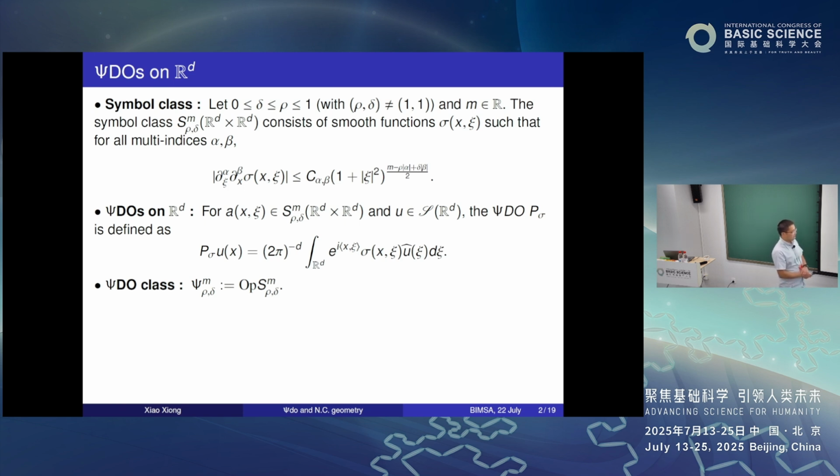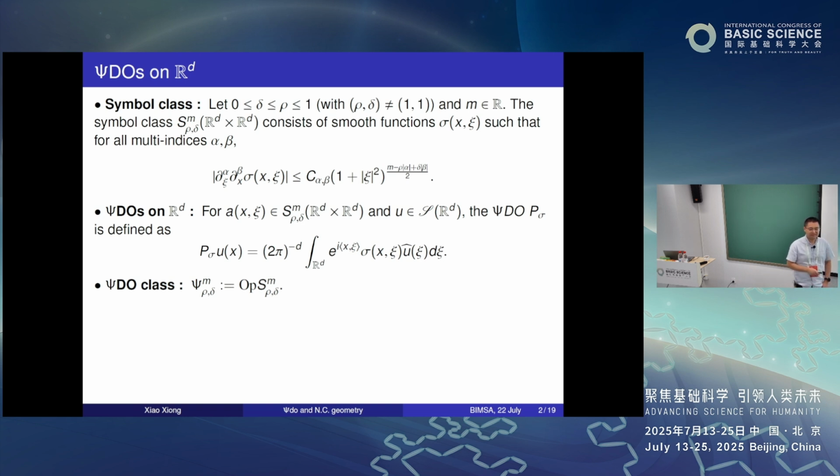Inside this integral, if our symbol sigma depends only on the frequency variable, then it is a Fourier multiplier, because you take a function u, take the Fourier transform, multiply by a function sigma, and then take the inverse Fourier transform.